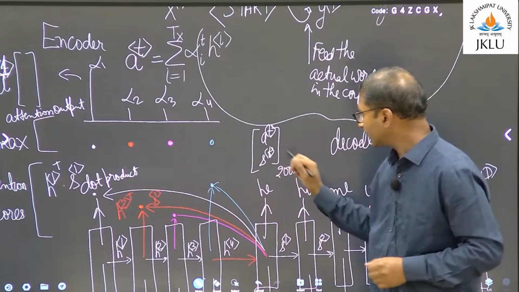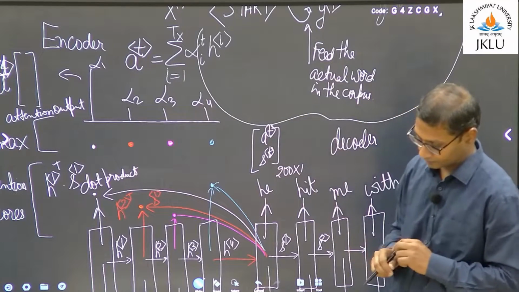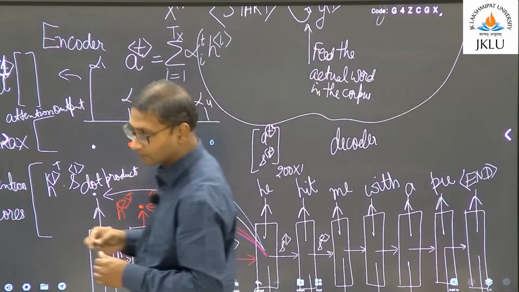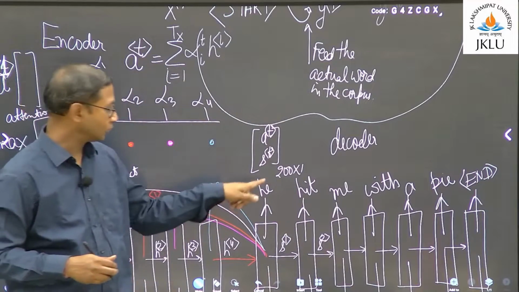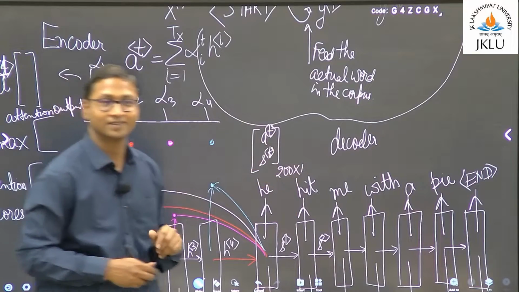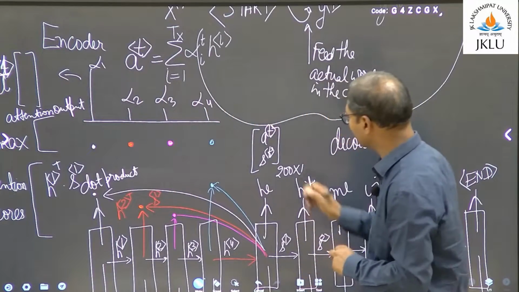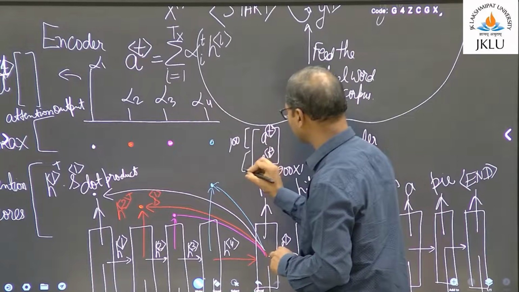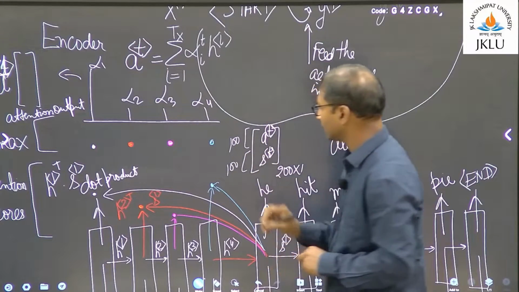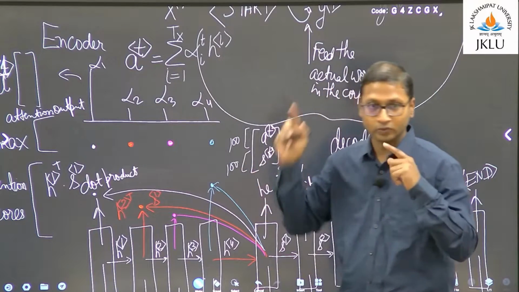So what are the dimensions of this guy now? 200 cross 1. Okay, why 200 cross 1? 100 coming from here and another 100 coming from here. So now what do we do for y hat?